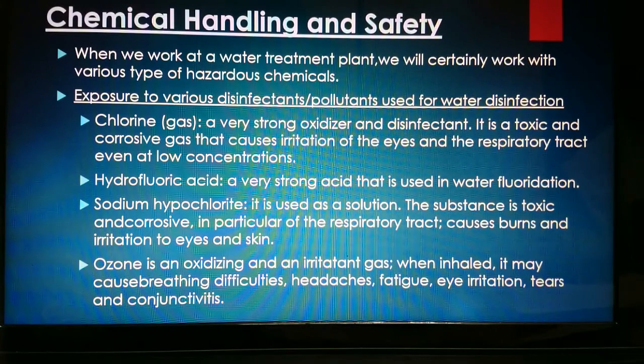It can cause burns and irritation to the eyes and skin as it's very corrosive. Another example of exposure to these disinfectants is ozone. What is ozone actually? Ozone is an oxidizing or irritant gas, which if we inhale, may cause breathing difficulties, fatigue, eye irritation, and tears and conjunctivitis.